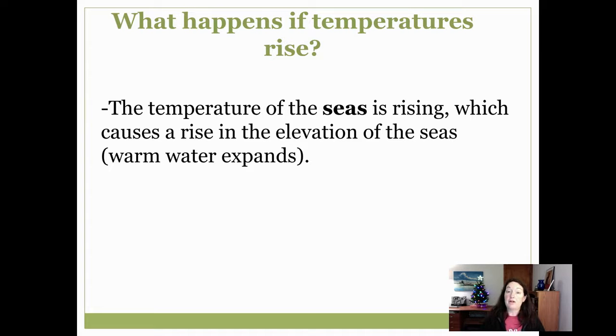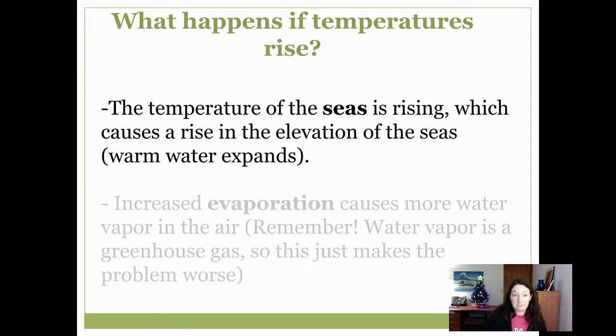So warm water expanding is the main reason why sea level rises. It's not adding ice to the ocean, although that does have some effect for sure in raising the sea level. It has more to do with the warming of that water, which causes it to expand.